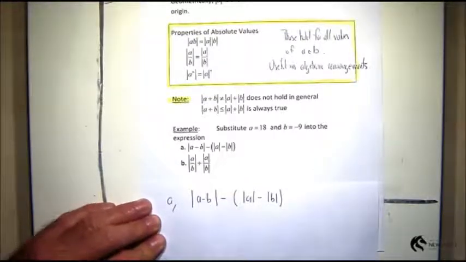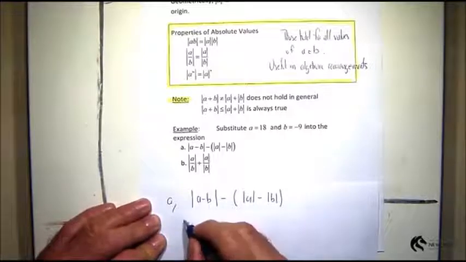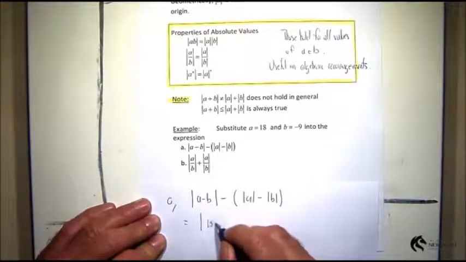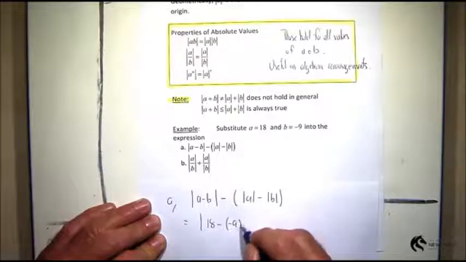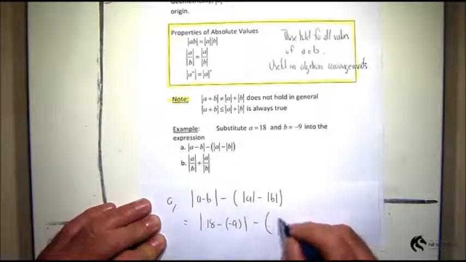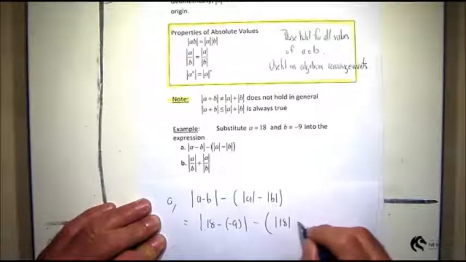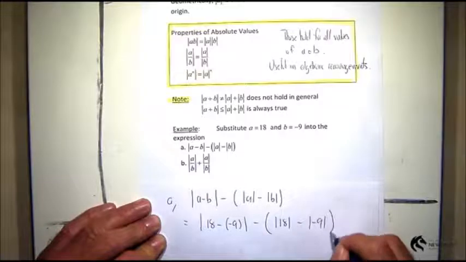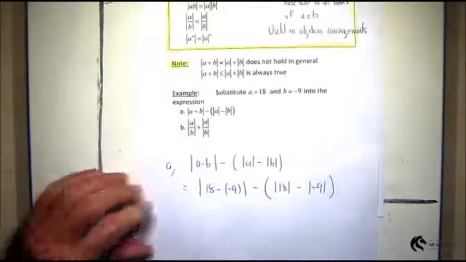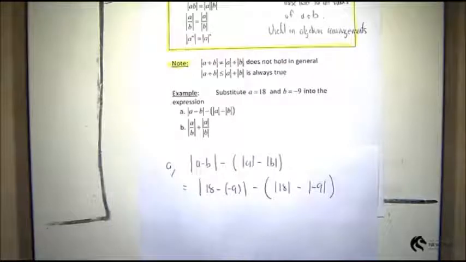Let's put the numbers in and see what happens. So in here I have 18 minus minus 9, and here the absolute value of 18 minus the absolute value of minus 9.